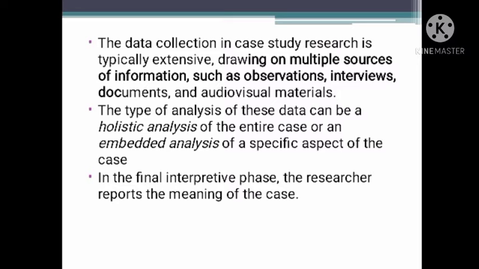In the final interpretive phase, the researcher reports the meaning of the case, whether that meaning comes from learning about the issues of the case or learning about the unusual situation. As Lincoln and Guba mentioned, this phase constitutes the lessons learned from the case.